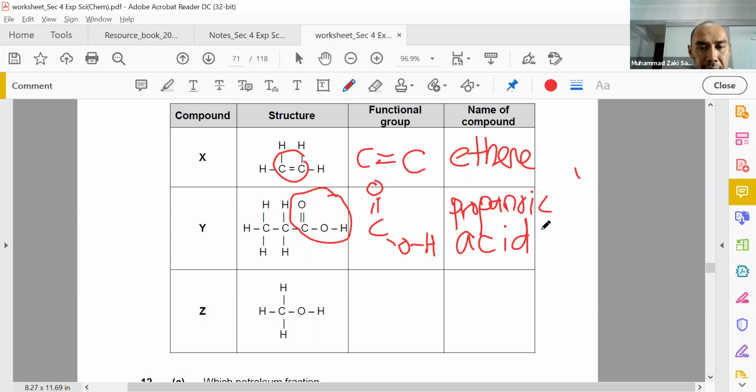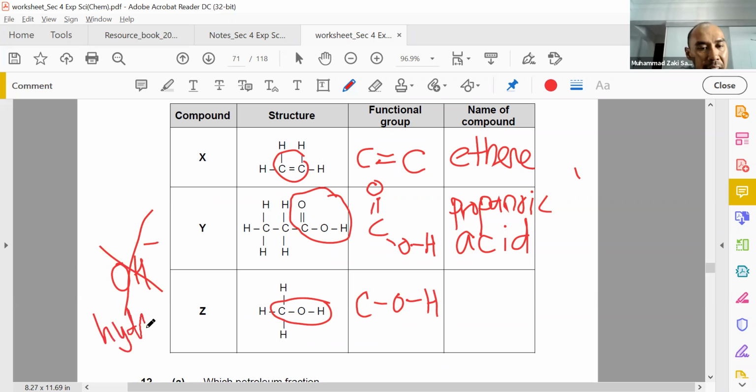Okay, next, this is an alcohol. It has the hydroxyl group, the C-OH group. That's the functional group. Don't confuse it with OH minus. This is not the one. That is called hydroxide. This is hydroxyl.